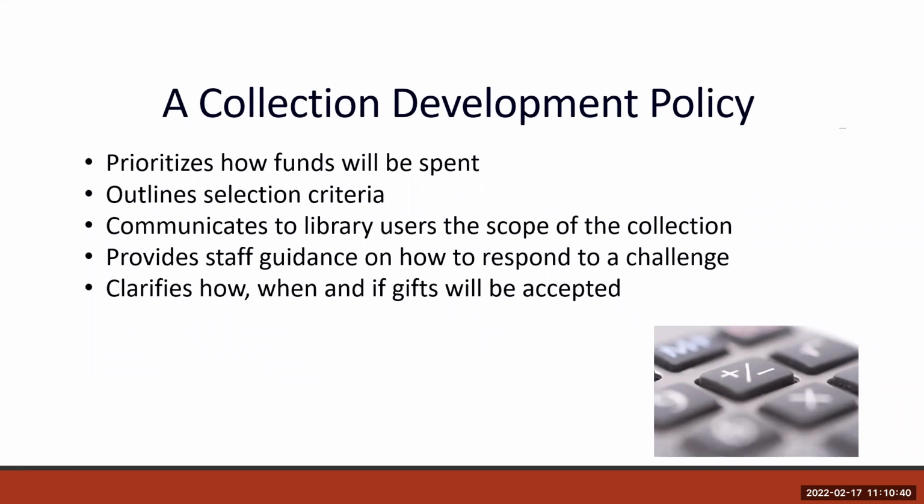It also informs everyone, not just the staff but also the community, of what the collection priorities are. These additional benefits came from Developing Library and Information Center Collections by G. Edward Evans and Margaret Zarnosky Saponaro. I think that's how you say her name. Okay, moving on to the next slide.